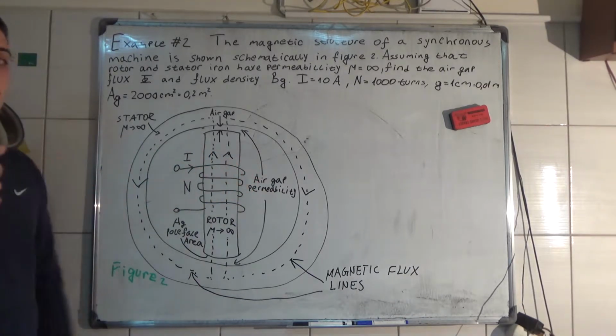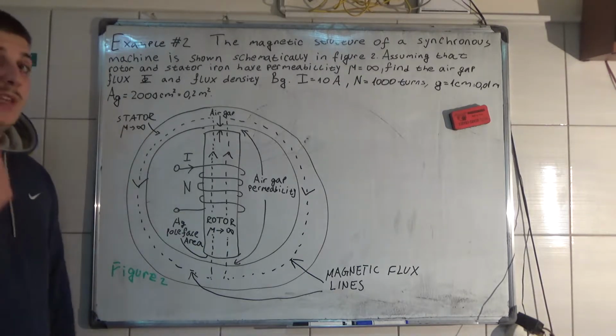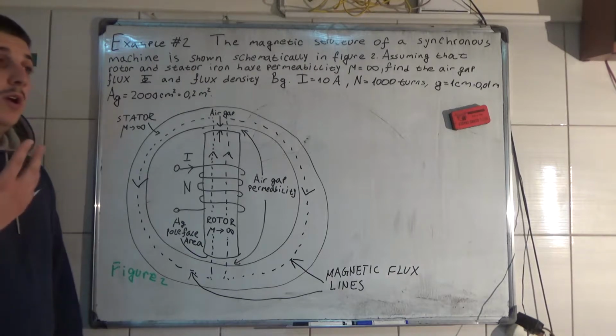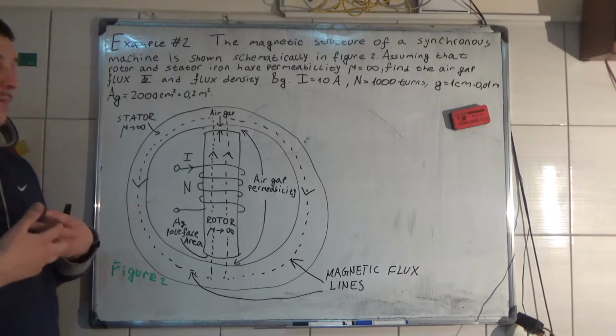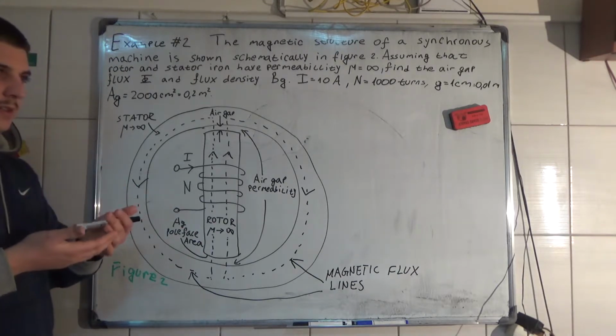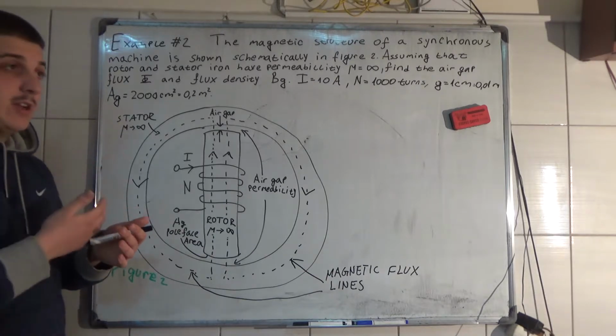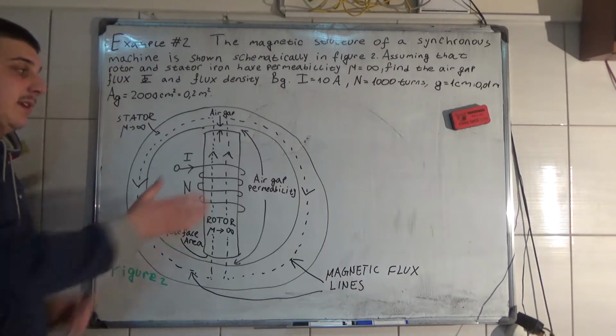But we are assuming that flux is not a vector, it's a scalar, but we always give it a direction, the same as the magnetic flux density.